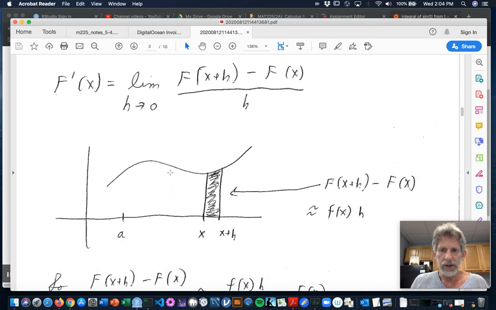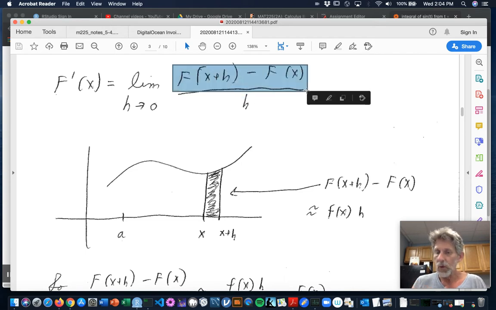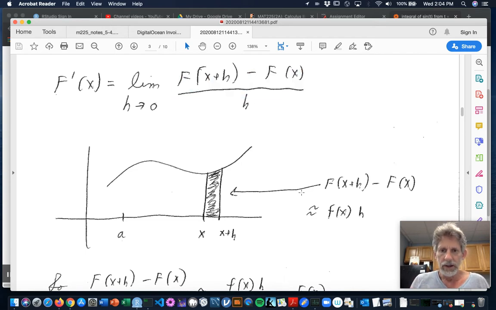So I want to think about the numerator of that quantity. Think of a t-axis, horizontal, and some y-axis, vertical, and say here's the graph of y equals f of t.